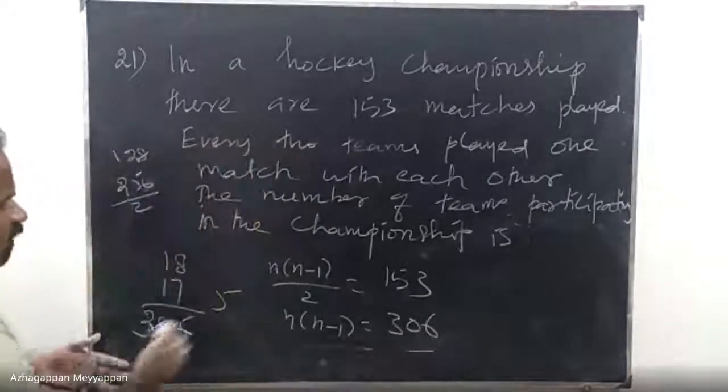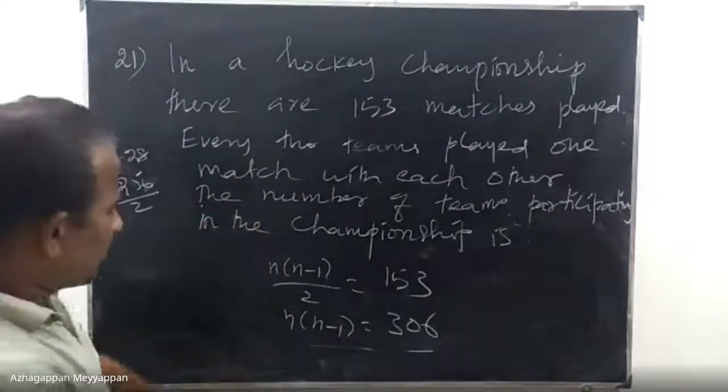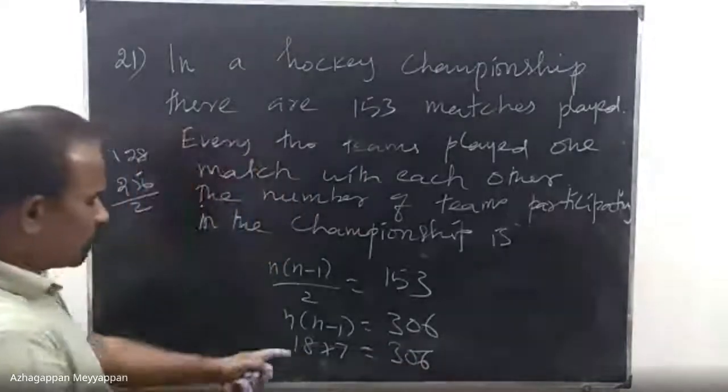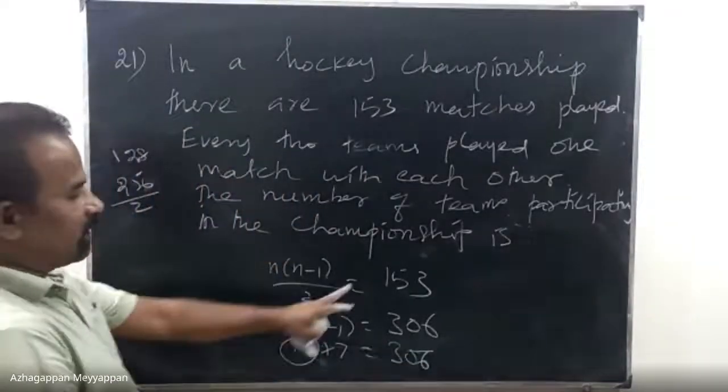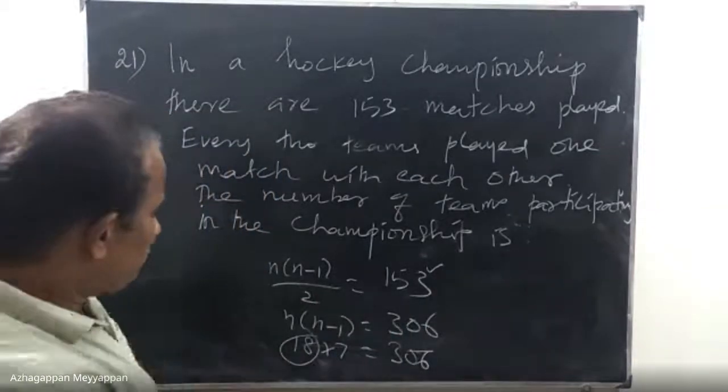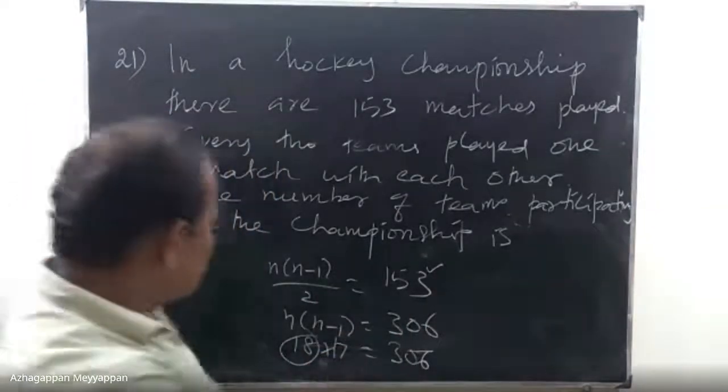We can take n is equal to 18 into 17, which is equal to 306. So therefore the answer is 18. 153 is right, so 306, 18 into 17 is equal to 306.